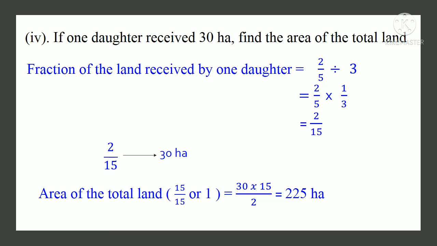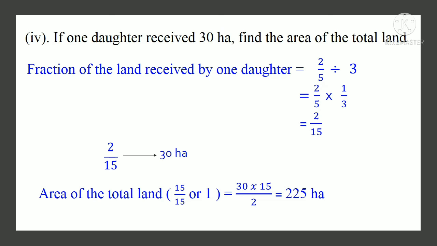Right? Did you get the idea? 2 upon 15 is 30. Then you have to find how much portion of land is there for 15 upon 15. Right. That is 225 hectares. Okay. Then children will move to the last question.